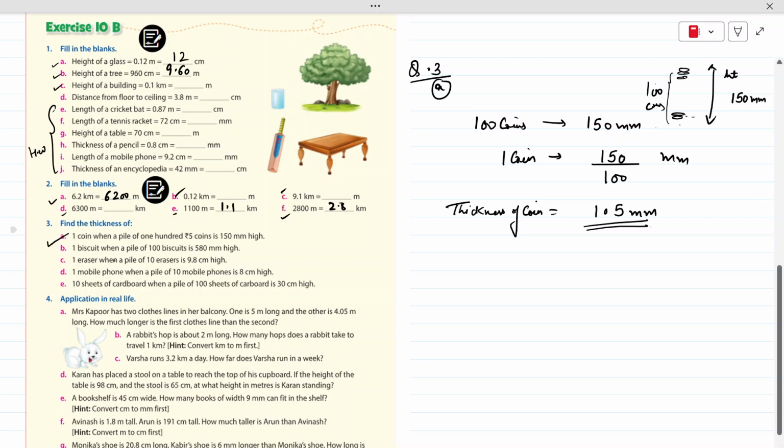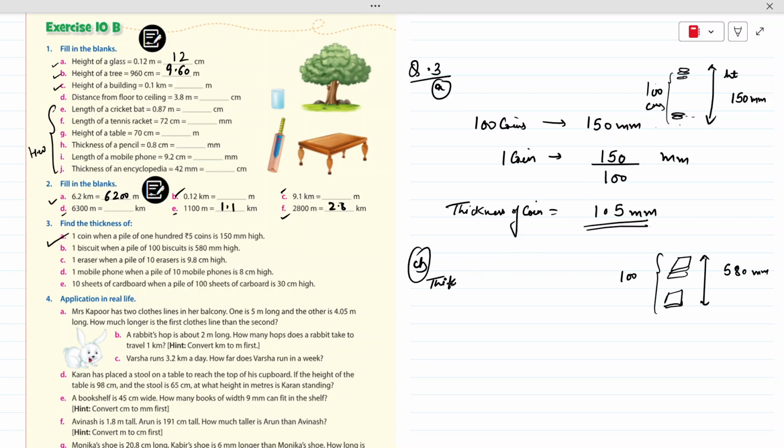Coming to question number 2, one biscuit, when a pile of 100 biscuits is 580 millimeters high. So in question B, instead of the coins, we now have biscuits, and there is a pile of biscuits. There is again a pile of 100 biscuits, and now in this case the total length is 580 millimeters, and we have to find the thickness of one biscuit.